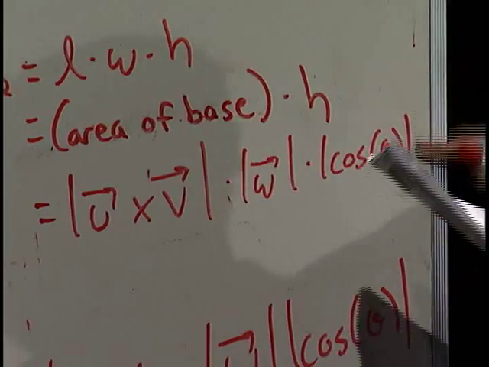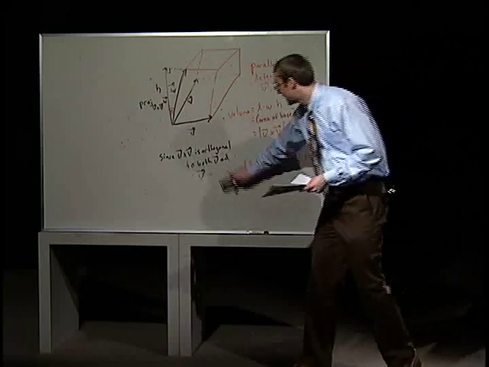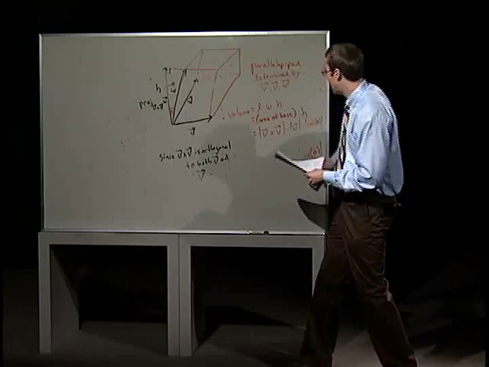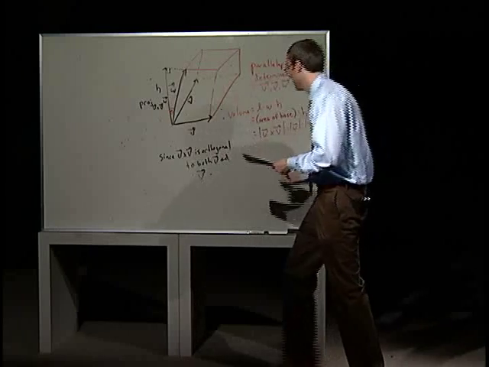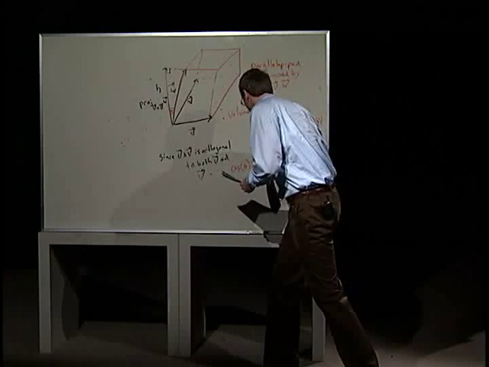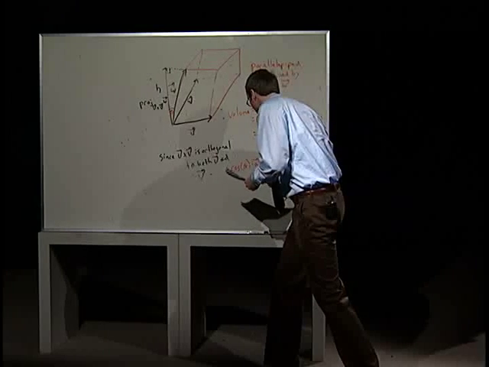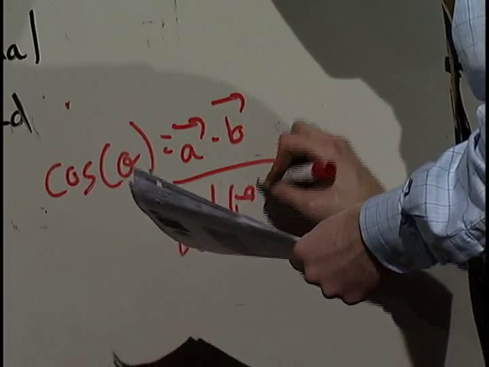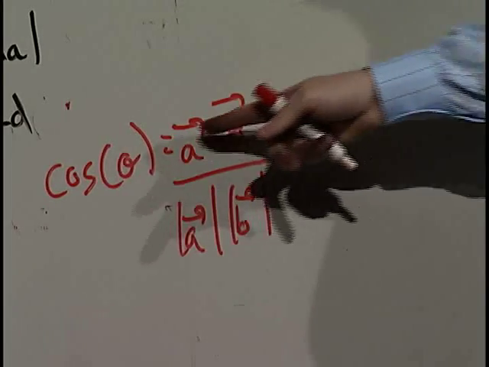Cosine theta, all right? And then think back a minute here. Remember, we had an expression involving cosine and the dot product, right? So cosine theta was equal to a dot b over the length of A times the length of B. Well, what is our cosine theta up here? What are our A and our B?